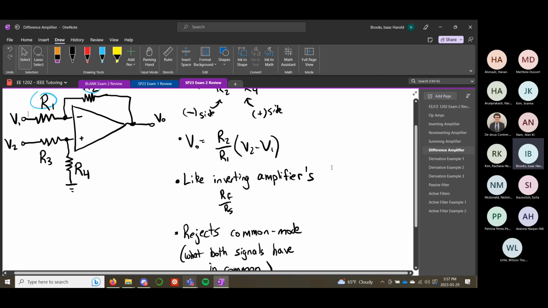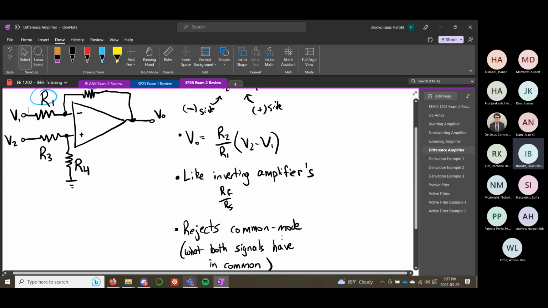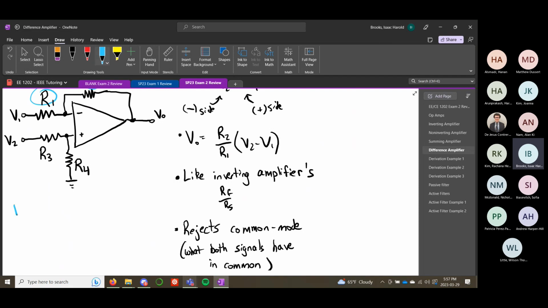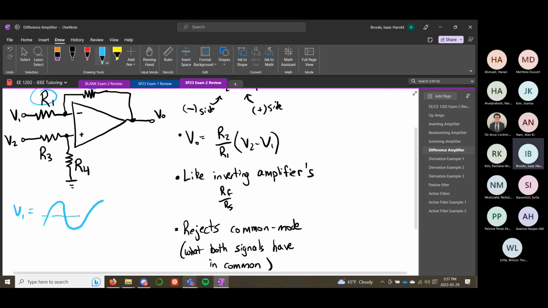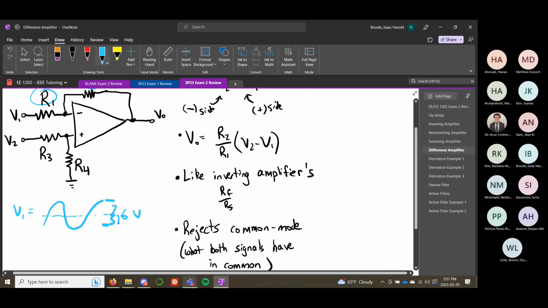One property of this one is that it rejects the common mode input. For example, say your V1 was a sine wave that looked like this, biased at 3 volts with a peak-to-peak voltage of 3 volts.